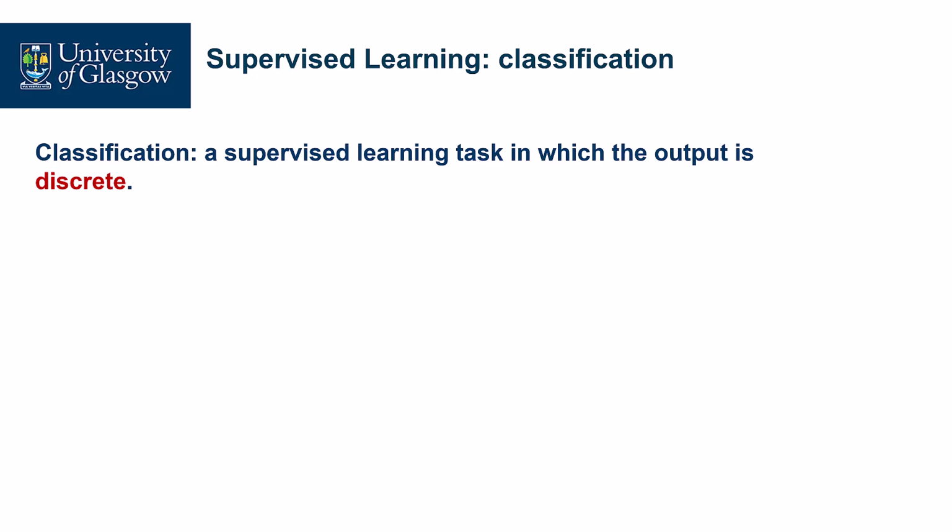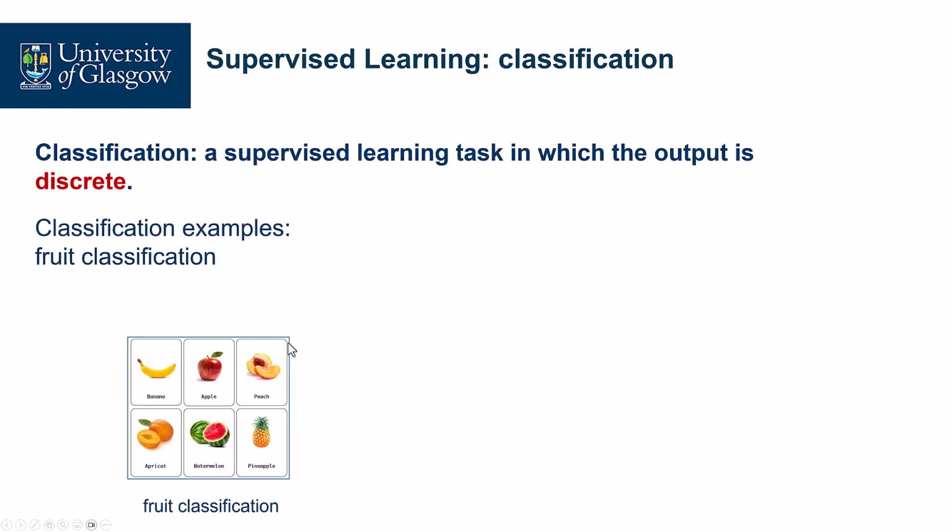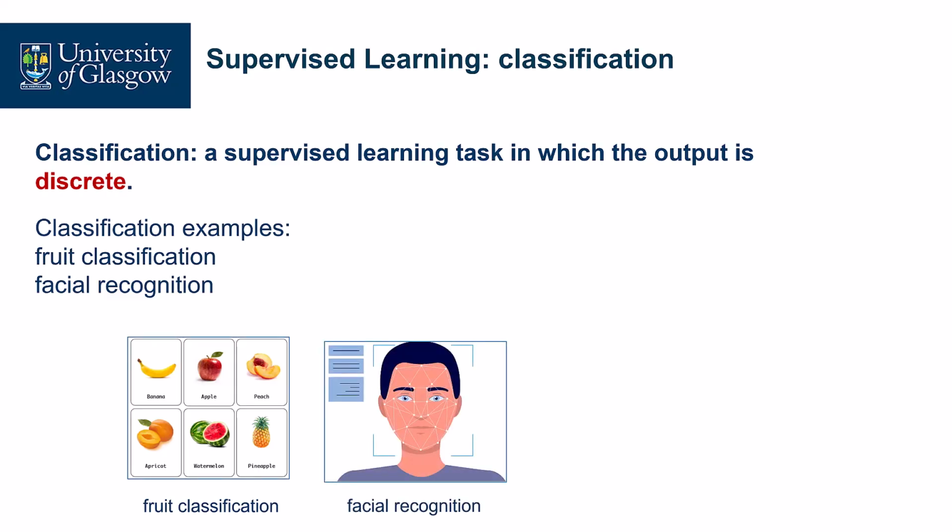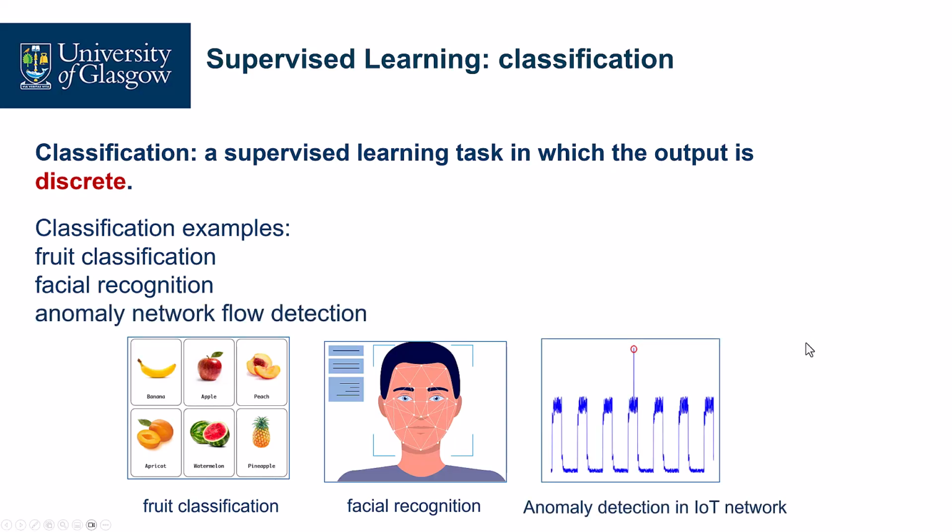For example, fruit recognition, where we classify the fruit into different categories. The second is facial recognition, which I think is more widely used in society: who this person is according to an image. Also, for example, anomaly network flow detection. In all of them, the output is categorical data.